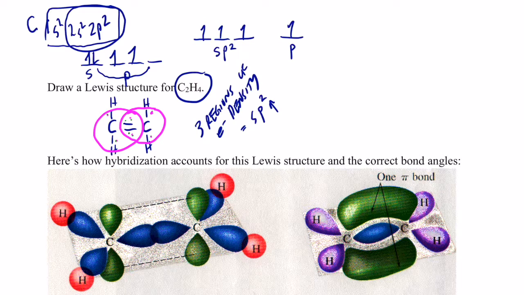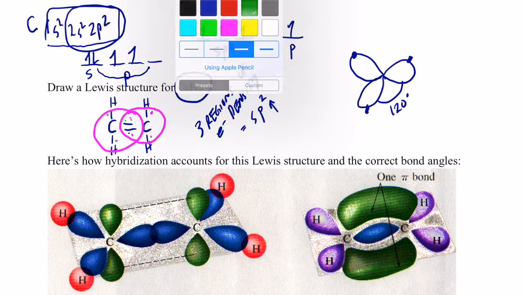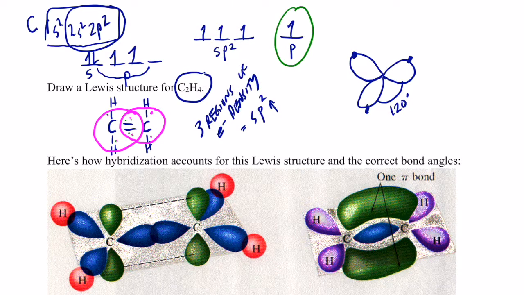The sp2's, kiddos, are going to have this trigonal planar shape, as you recall, and they will be 120 degrees away from each other, and they'll each have 1 electron in them. Okay, no big deal there. And then this p orbital here that did not hybridize has this figure 8 shape with 1 electron in it.